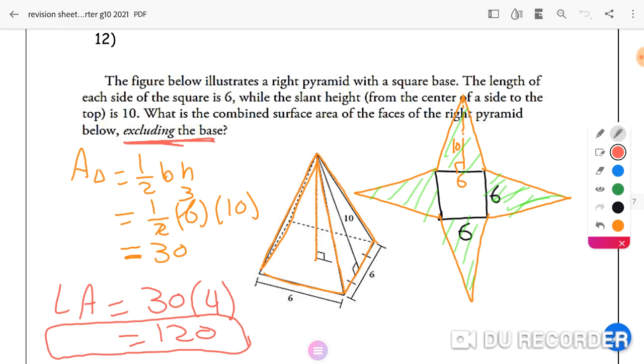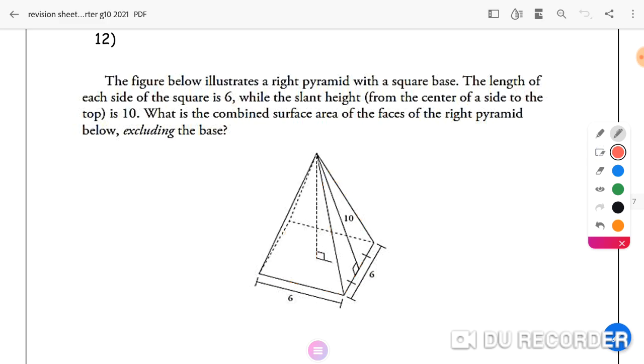We can also apply the formula for the lateral area, and we know that the lateral area of the pyramid equals half times the perimeter of the base multiplied by the slant height, which is L. Let's substitute for that. Half multiplied by the perimeter of the base.